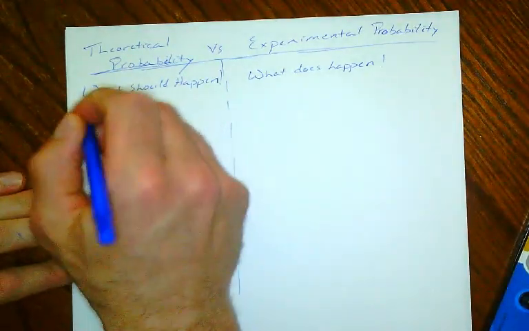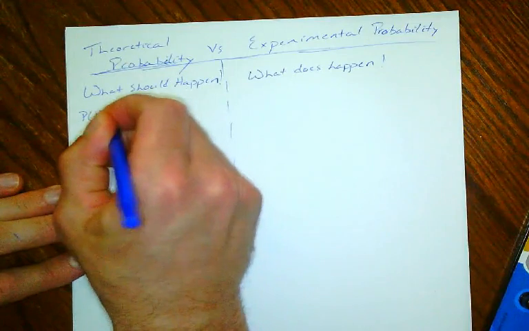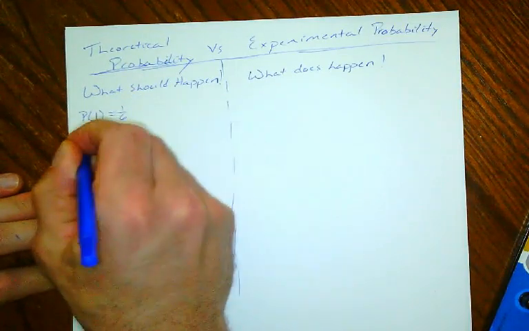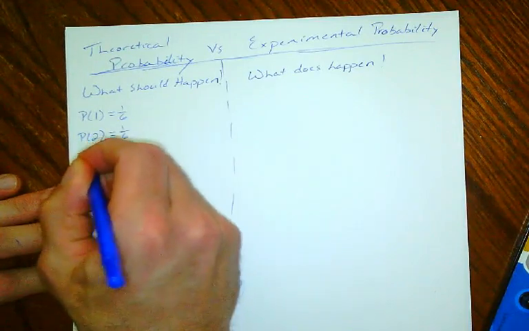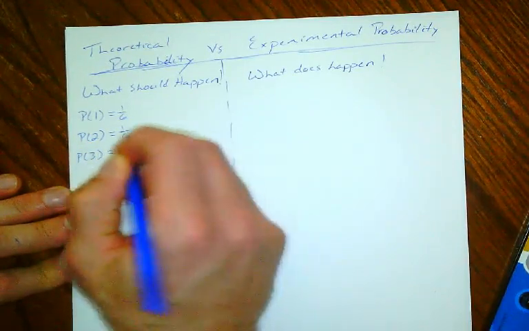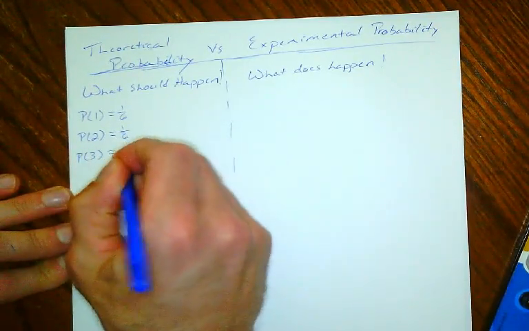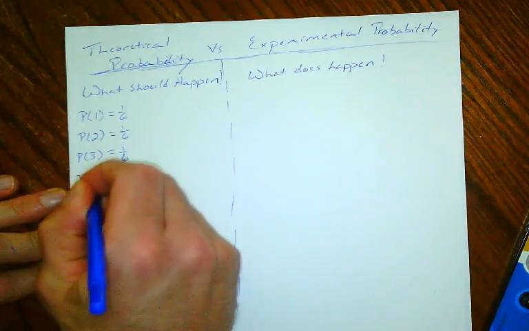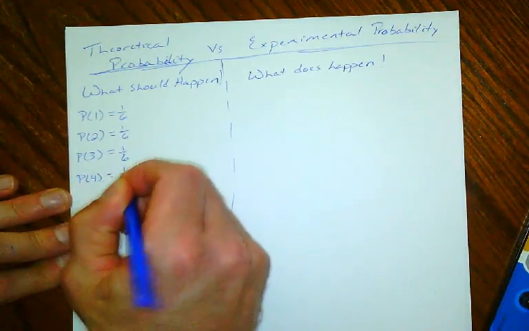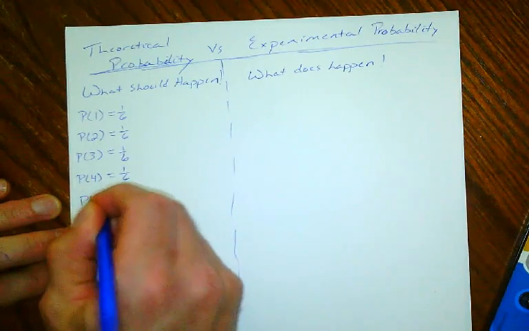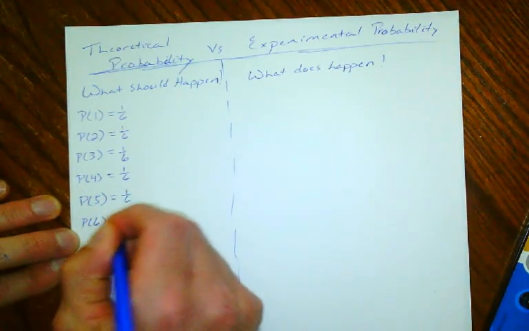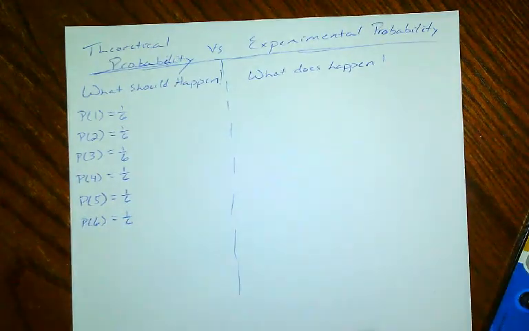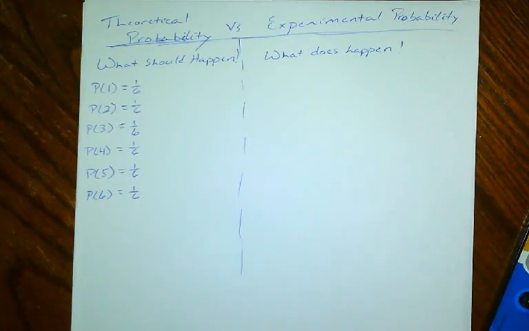So the probability of a 1 is 1/6, a 2 is 1/6, a 3 is 1/6, a 4 is 1/6. They're all 1/6. I'm just going to write them down so you can see. The probability of 6 is 1/6. So the probability of any of those numbers should, in theory, be 1/6.